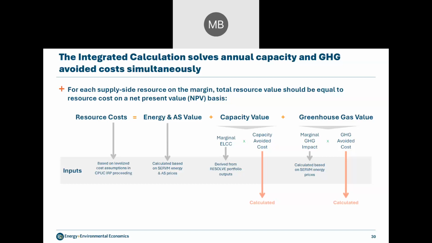And then in terms of allocating GHG, we allocate them based on the system marginal emission rates, and that's derived using energy prices and the implied heat rates, also from energy prices. So yeah, they are allocated in different ways.